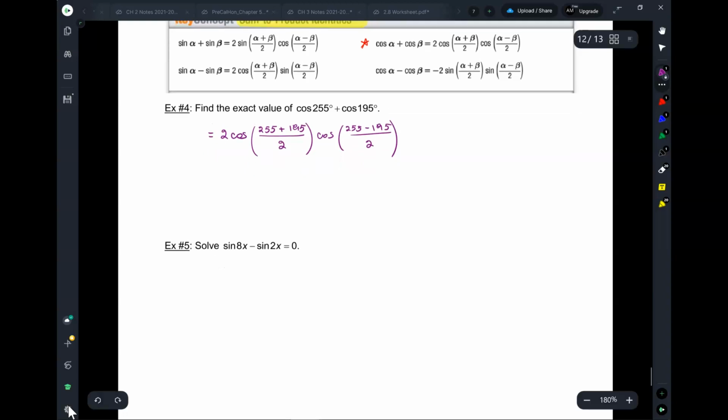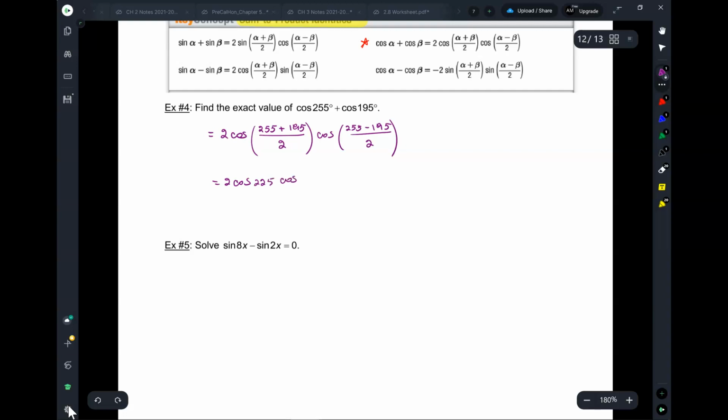Okay? Something magical will happen here. This is 2 cosine. You know how much this is? 255 plus 195, that's 450. And when you divide by 2, it's 225.